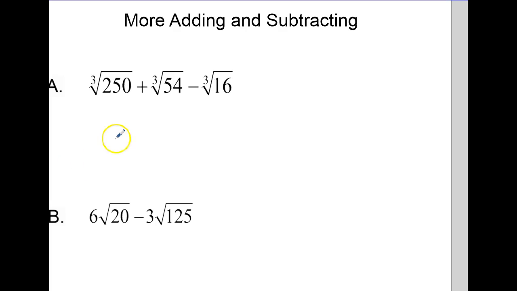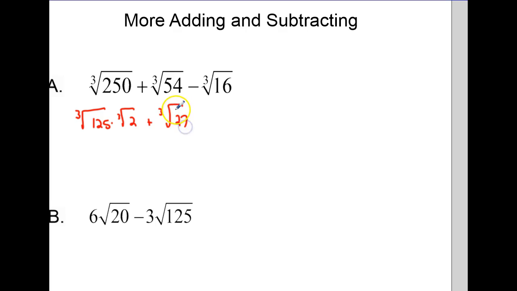More adding and subtracting. These are harder problems. Because this is an index of 3, I want you to think of cube roots. Well, I know 250 isn't one of my cube roots, but I know that 125 is. So I can think of this as the cube root of 125 times the cube root of 2. I know that 54, it's got 27 in there, and I know that 27 is a perfect cube.